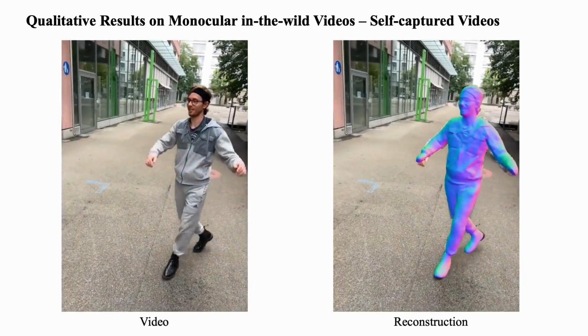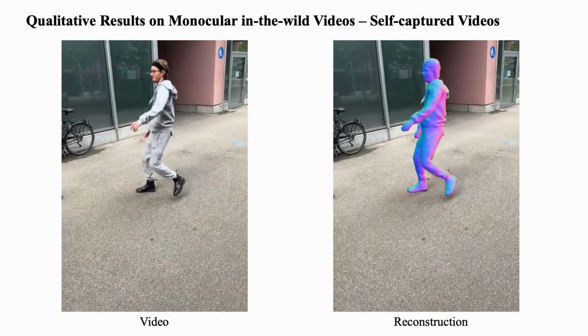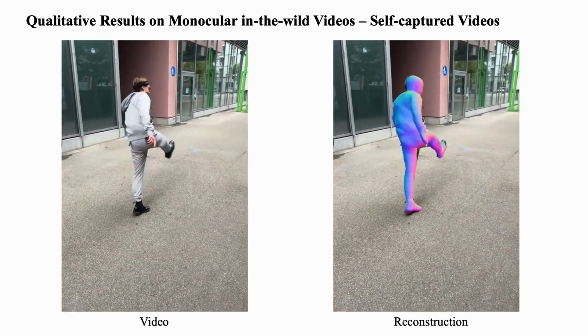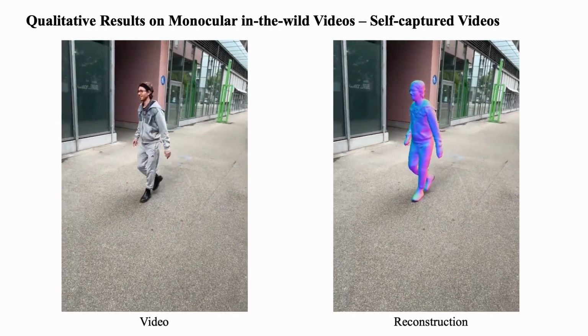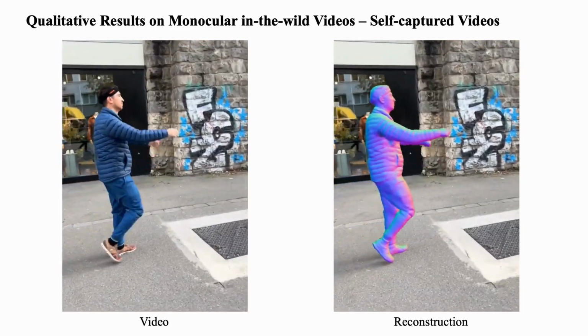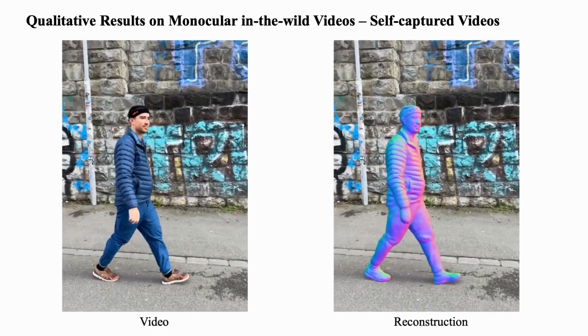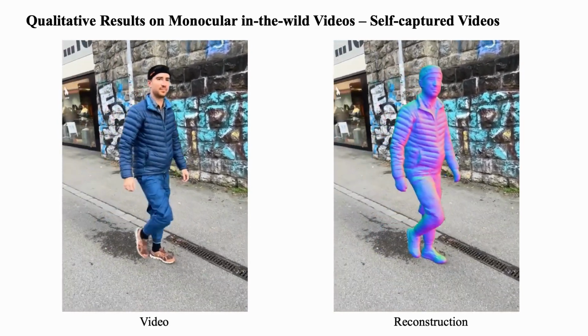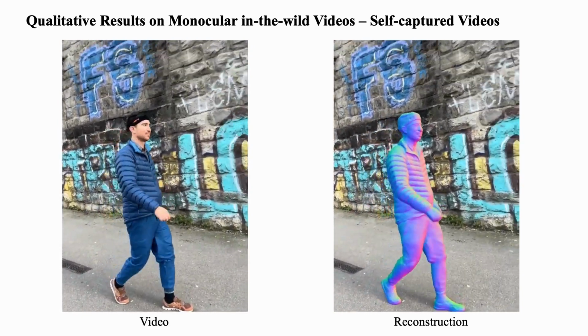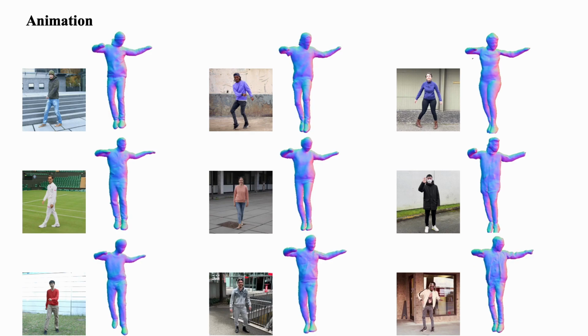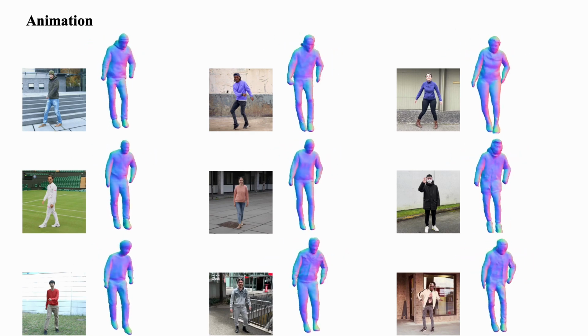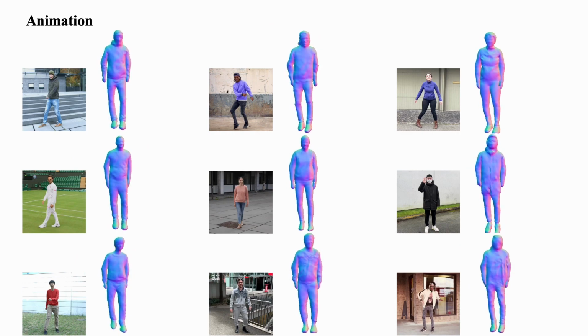Our method can generalize to different human shapes, garment styles, and facial features even under challenging poses and complicated environments, without requiring external 2D segmentation modules. The reconstructed 3D avatars can also be animated using novel pose sequences.